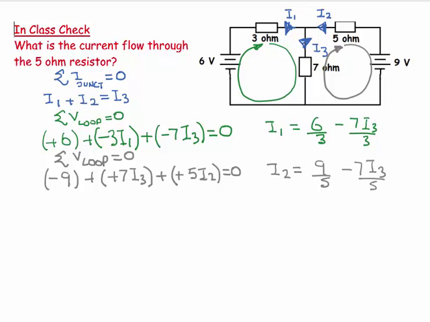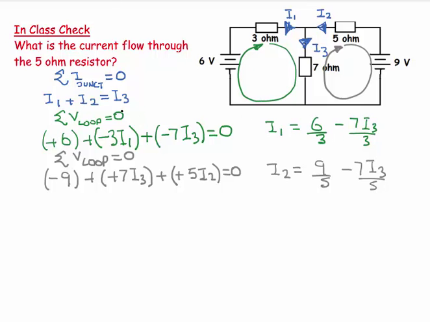Just double check that. So my 9 went to the other side, became a positive. My I3 went to the other side, became a negative, and then I have divided by 5. Yeah. So then the rest is math.